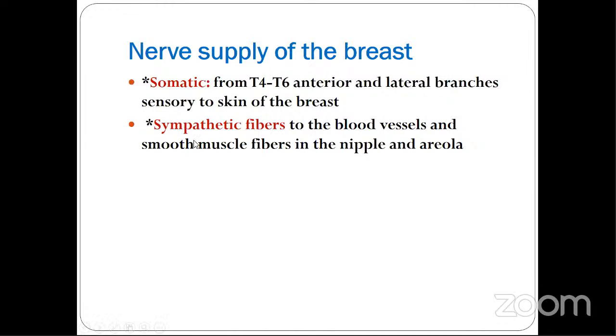Nerve supply will be from T4 to T6. Its anterior and lateral branches are sensory to the skin of the breast, so sensation will come through T4 to T6. And we have sympathetic fibers to the blood vessels and smooth muscle fibers in the nipple and areola.